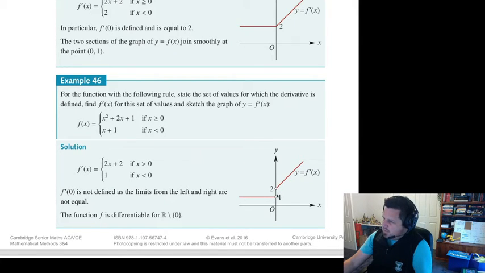Now at that particular point, if you were to try and work out f dash of 0, then it's not possible, because if you were to calculate the limit as we approach from the left hand side, that is different than the limit as we approach from the right hand side. They're not equal, they're not the same as each other. So at that particular point, at 0, you can't differentiate it. So what you could say is this function is differentiable for all real values except at 0.